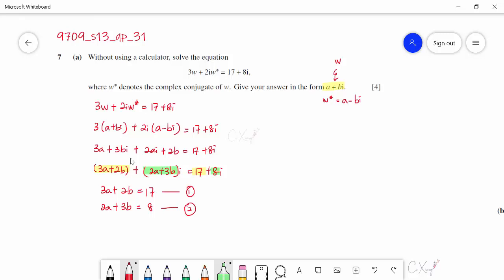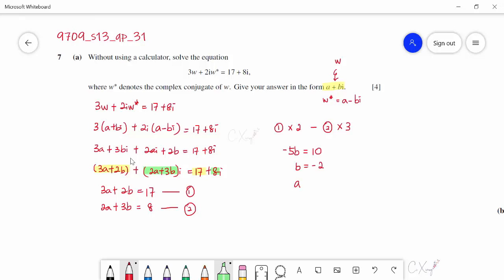What I do here is take equation number 1 multiplied by 2, minus equation number 2 multiplied by 3. From here, I get negative 5b equals 10, and therefore b equals negative 2.